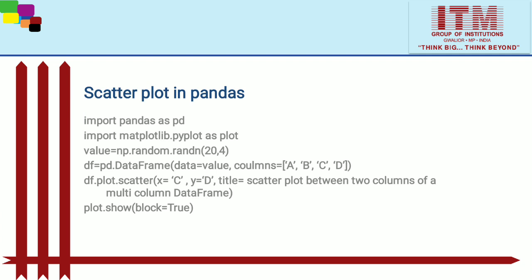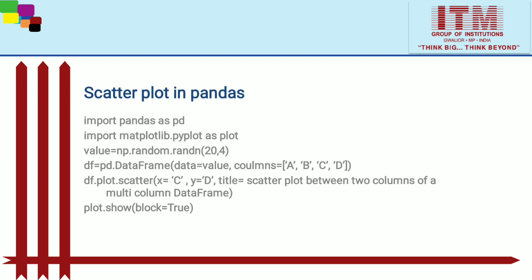In the DataFrame I have another keyword, columns. This point is to be noted: after column we write s. Some students make the mistake of writing only column, but this is not the correct way to write. So here we will use columns.